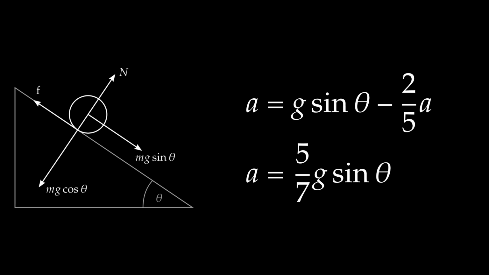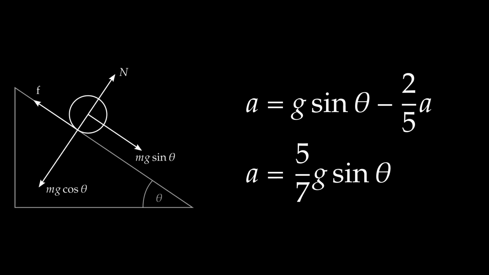Well, down here in my equation, mu g cosine theta appears. And here mu g cosine theta is equal to 2/5 of a. So I'm going to quite shamelessly take this thing down here and make a substitution, such that g sine theta minus mu g cosine theta, which I now know is equal to 2/5 of a, is equal to a.